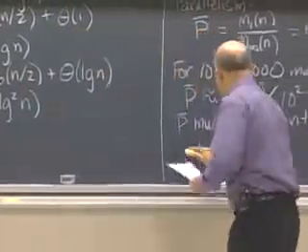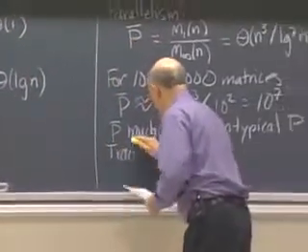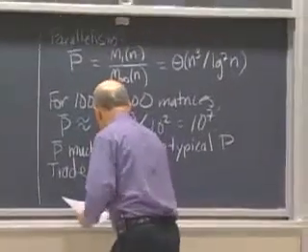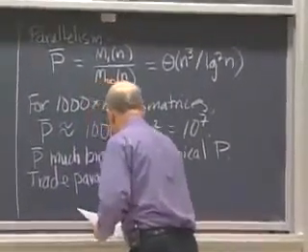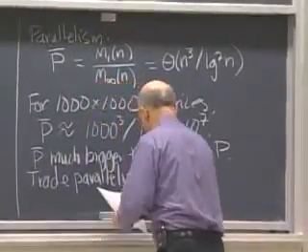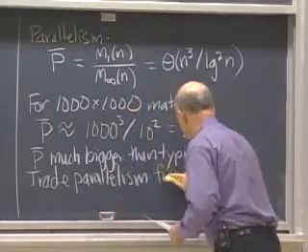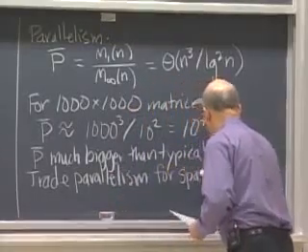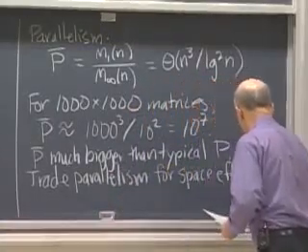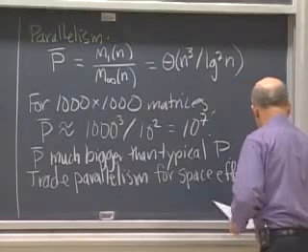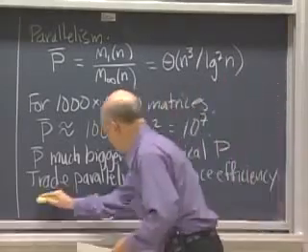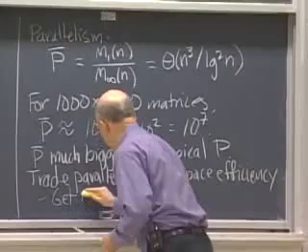So the idea in this case is to get rid of T by trading parallelism, because we've got oodles of parallelism here, for space efficiency.